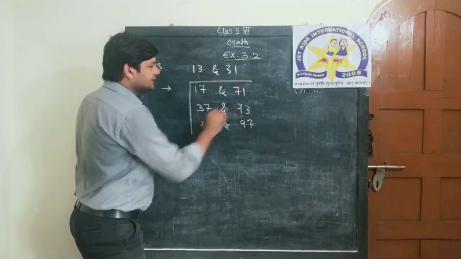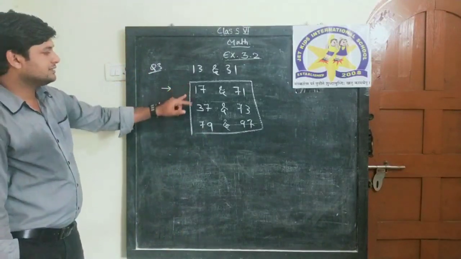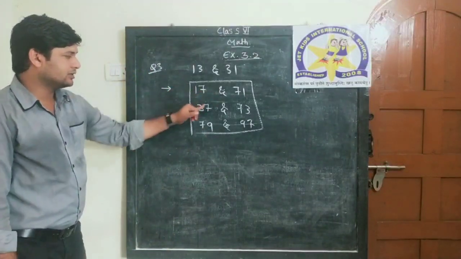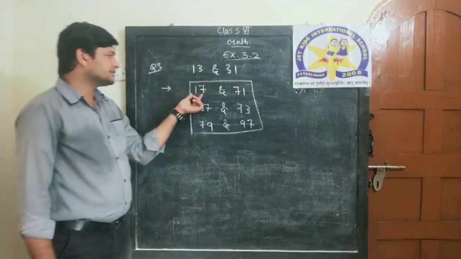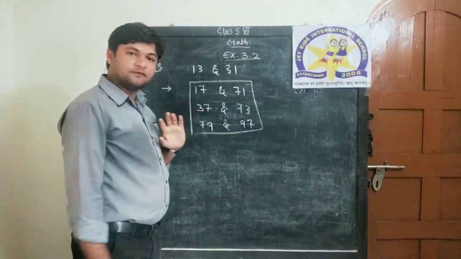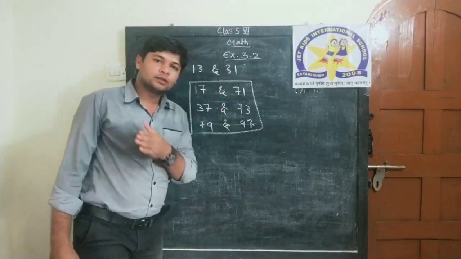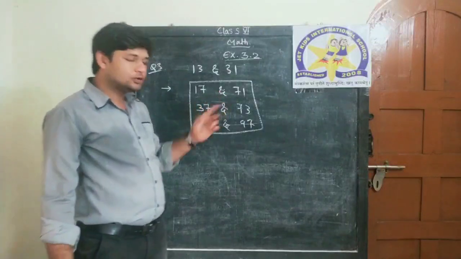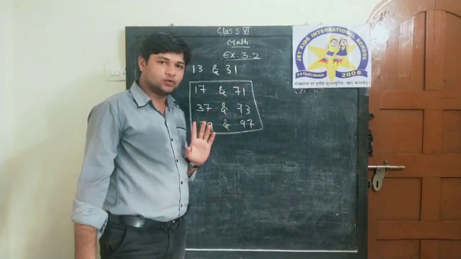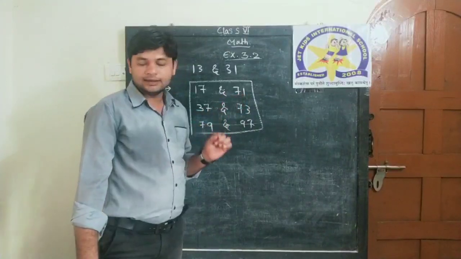So these are the six numbers. We will write the answers: 17 and 71, these two are prime. 17 is definitely prime. 71 you can check, it has only two factors, 1 and 71 itself. It does not come in any other number's table.